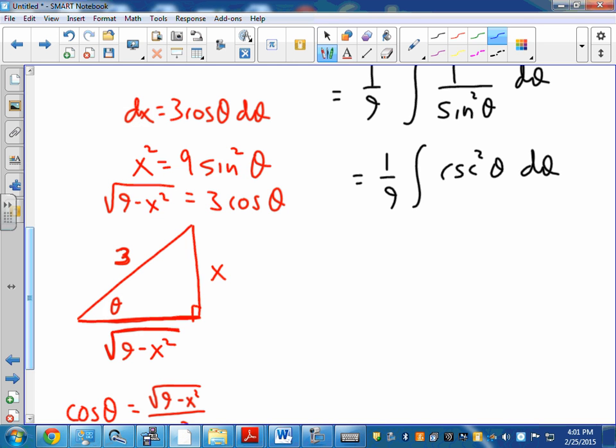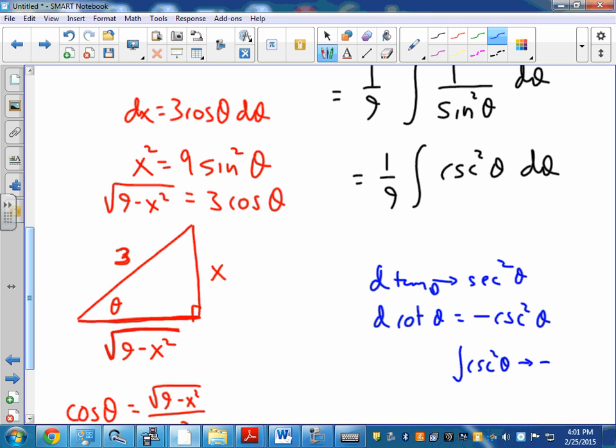Just to refresh your memory, the derivative of tangent is secant squared, right? The derivative of cotangent is negative cosecant squared, which meant that the integral of cosecant squared is negative cotangent. So you're supposed to know that from way long ago.